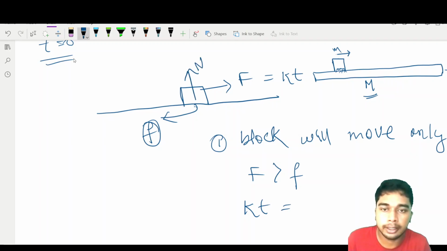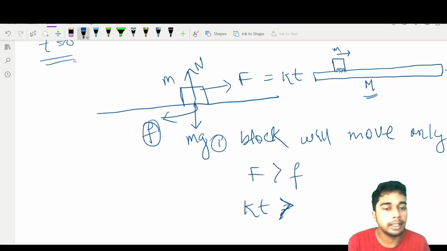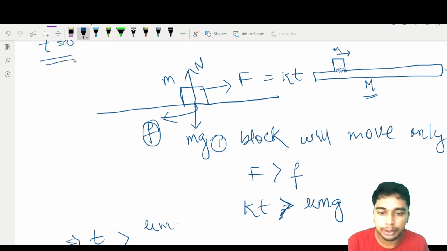This is the normal reaction. I am considering this block has mass m. So I will write Kt is greater than mu mg. This is the frictional force. So at the critical case, I will write t is greater than mu mg by K.